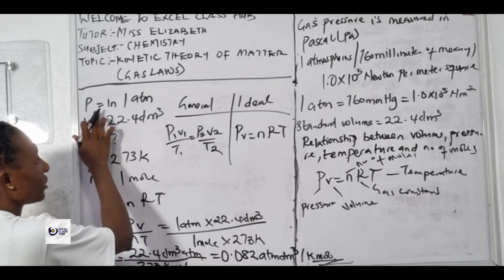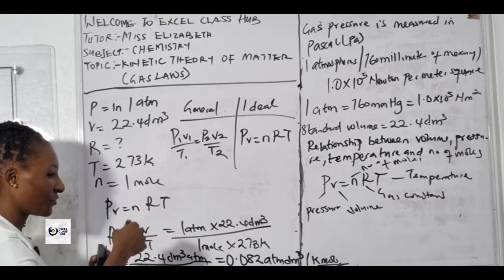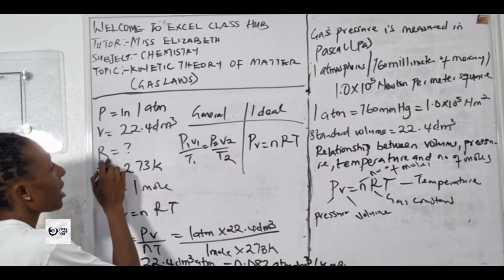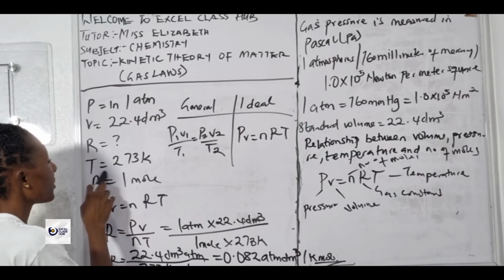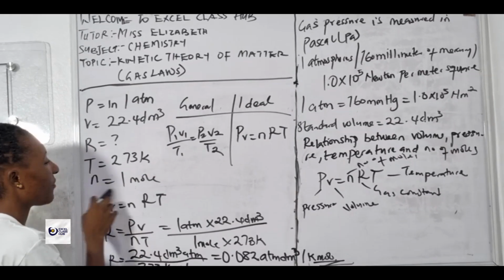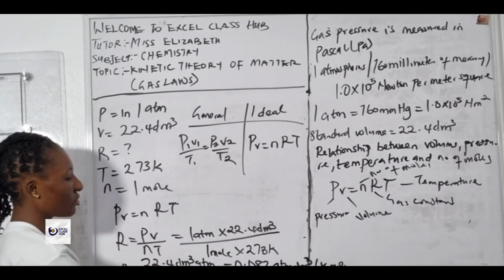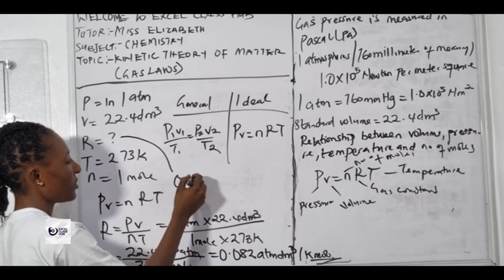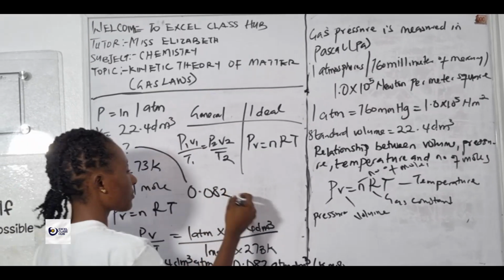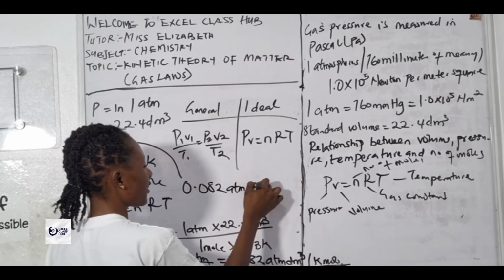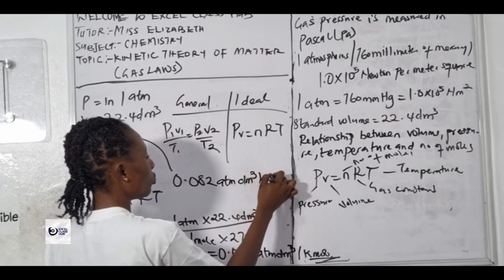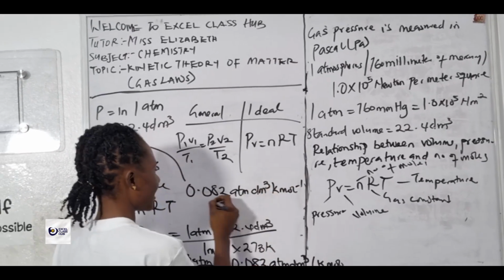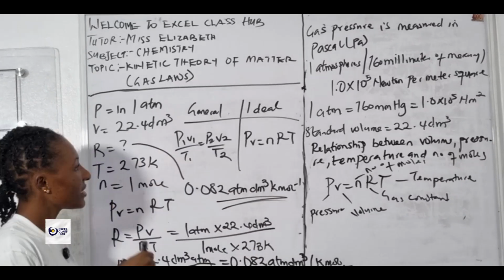We have our pressure as 1 atm, our volume as 22.4 dm cube, our R, which is not given, our temperature is 273 Kelvin, our number of moles will be 1 mole, and at the end of the day, we're able to solve for our R. So therefore, our value for R here is 0.082 atm dm cube per Kelvin mole, like that.